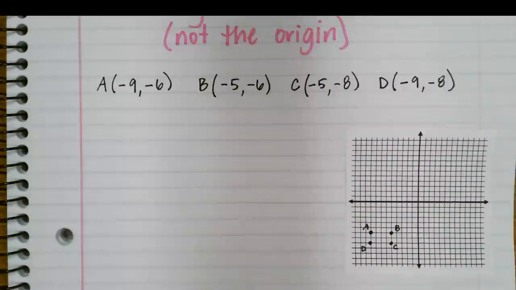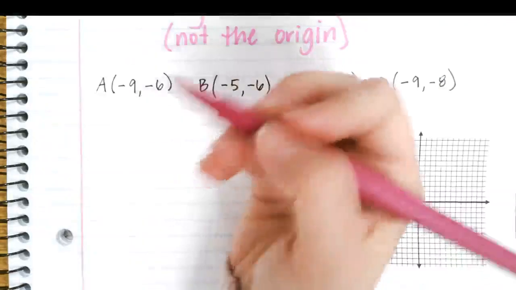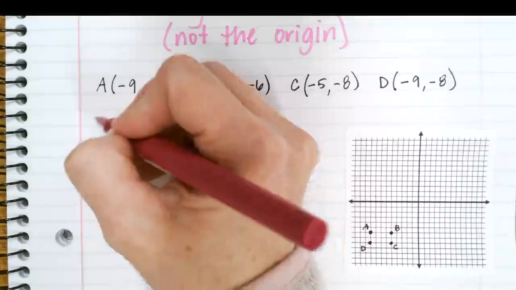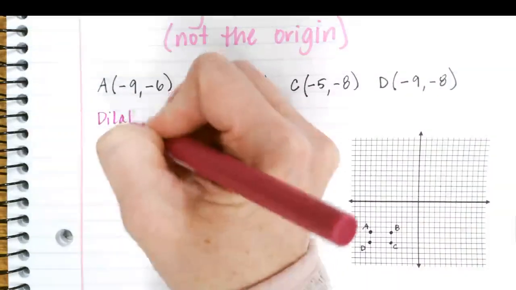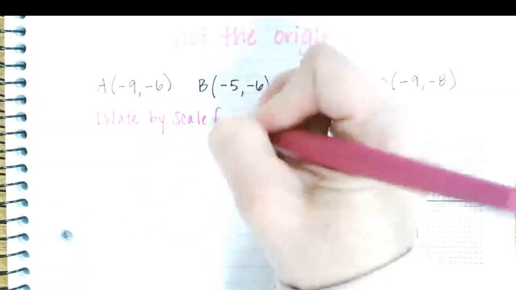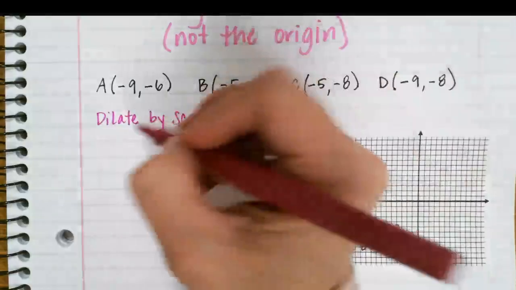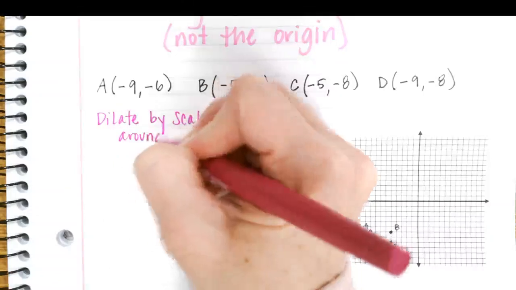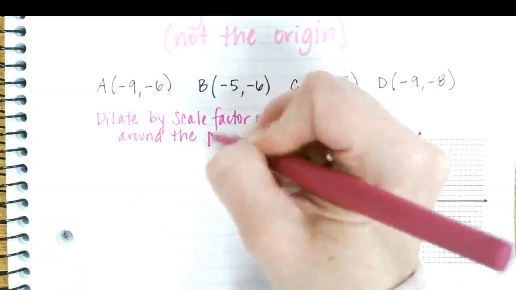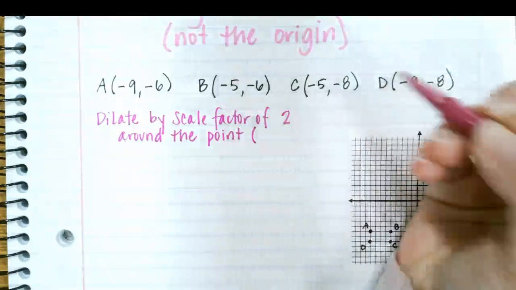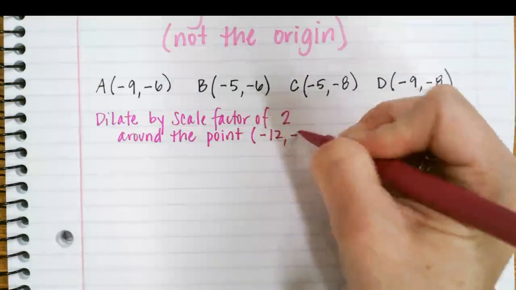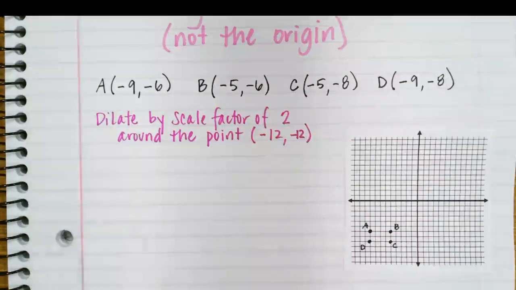All right. So I am going to give the directions. I'm going to dilate by a scale factor of 2 around the point -12, -12.